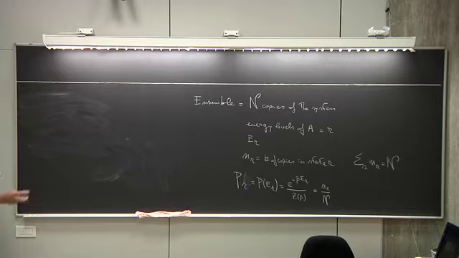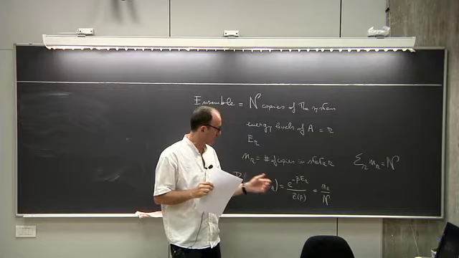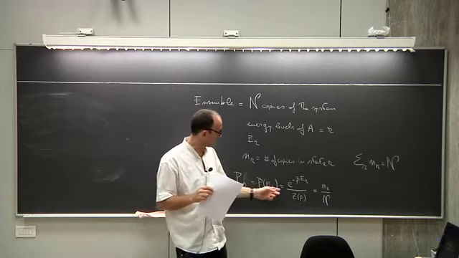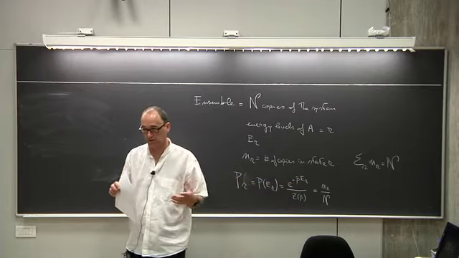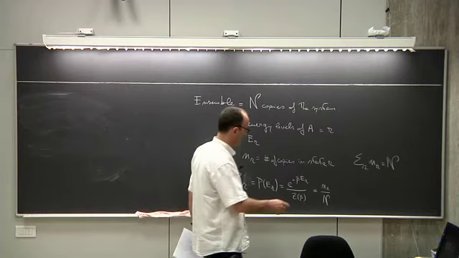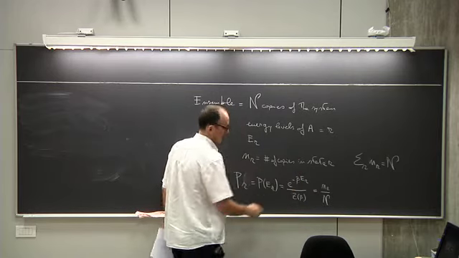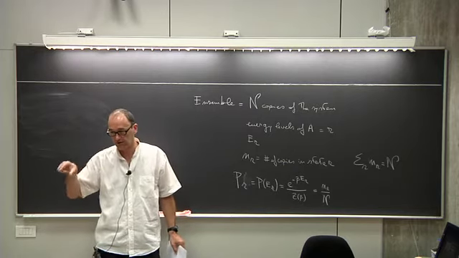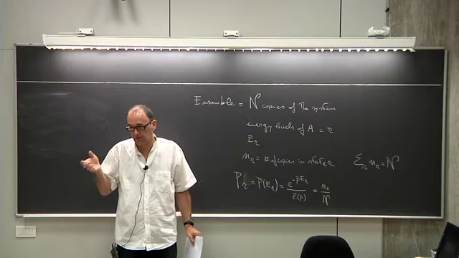So each of these systems will have an energy E_R, but since this subsystem is in equilibrium with the other system, there will be a distribution of energies in my ensemble, and there will be a certain average energy.